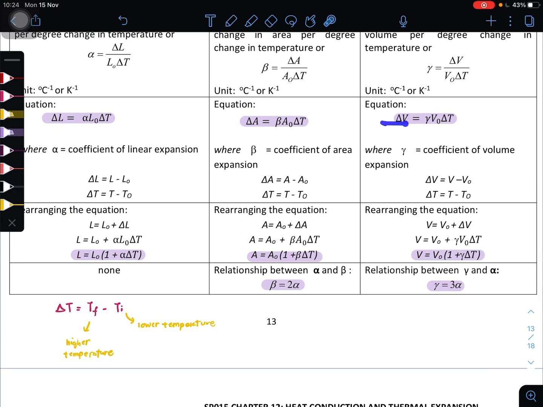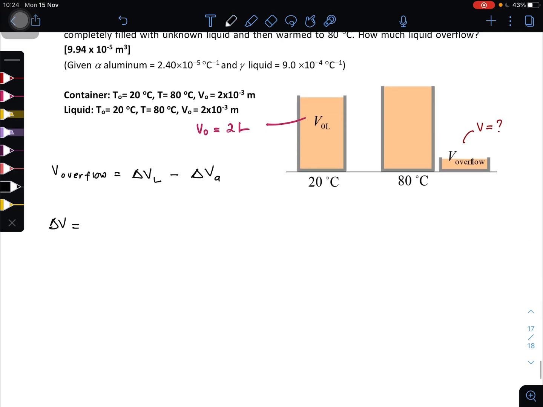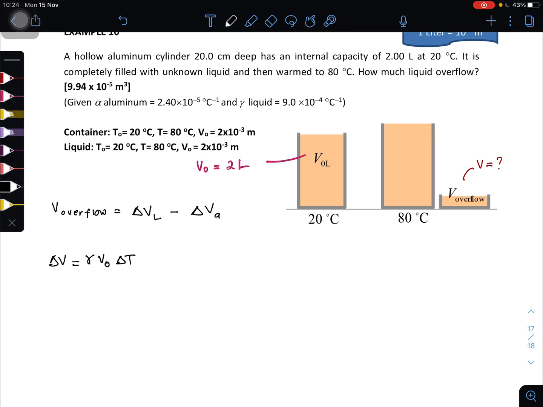Delta V, this one, sama dengan gamma times with initial volume times with delta T. Di mana delta T here adalah, so delta T is final minus initial. This one is initial, this one is final. So final minus initial will be 60 degrees Celsius.